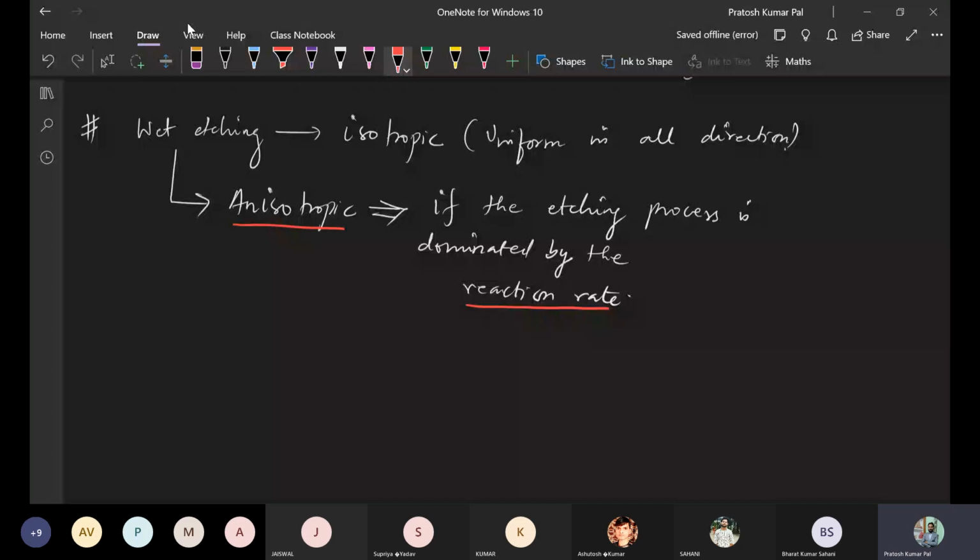And one more general point is there. If any crystal is there, that crystal is either crystalline or amorphous.